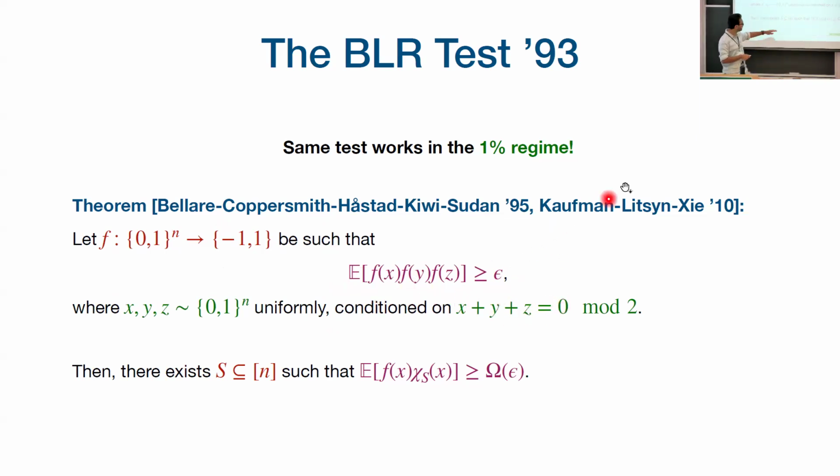Then you want to say that there is a linear function such that the correlation between f and that linear function is at least, say, epsilon over 10. So if f was, for example, a random function, you would expect this quantity to be very, very close to 0. So this is saying that under this test, if a function deviates from a random function in a non-trivial way, then it must have this linear structure hidden somewhere.